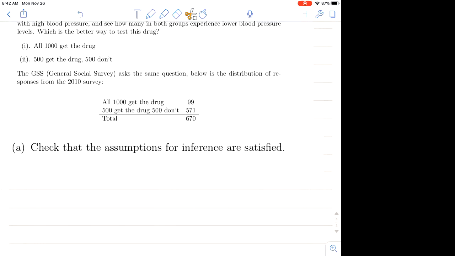But so you're going to read through all the sections and see, okay, am I going to do a confidence interval or a hypothesis test? Okay. And so part B says that the GSS found that 571 out of 670 of Americans answered the question on experimental design correctly. Do these data provide convincing evidence that more than 80% of Americans have a good intuition about experimental design? Kind of a weird worded question, but we get the idea, right?